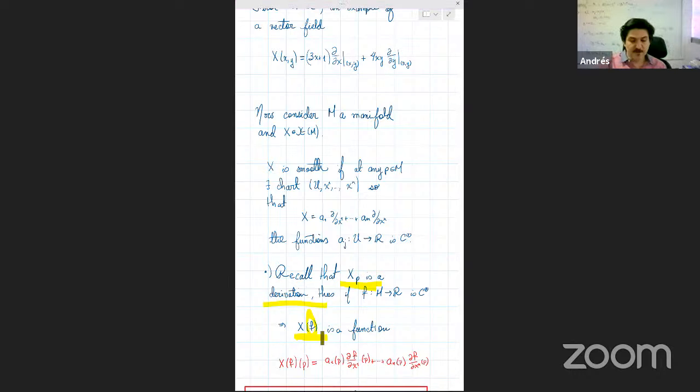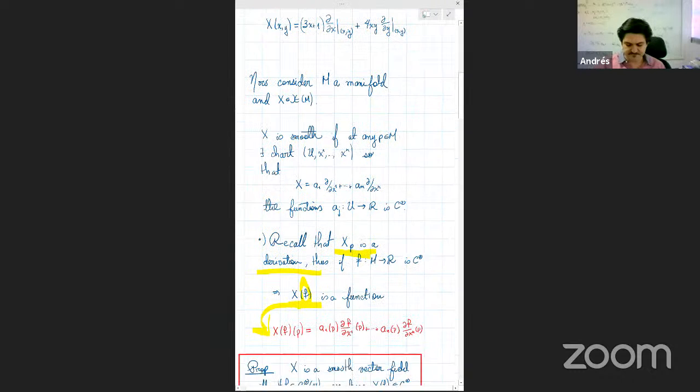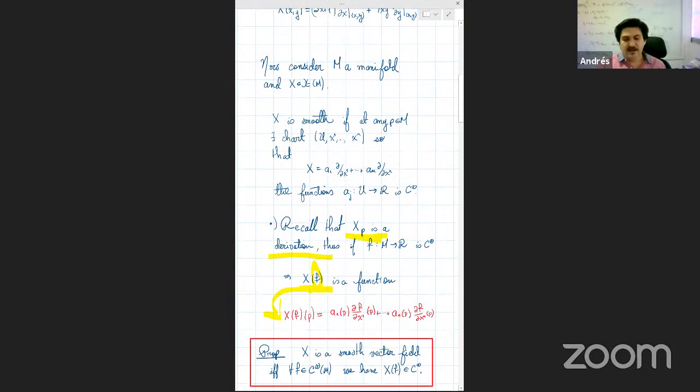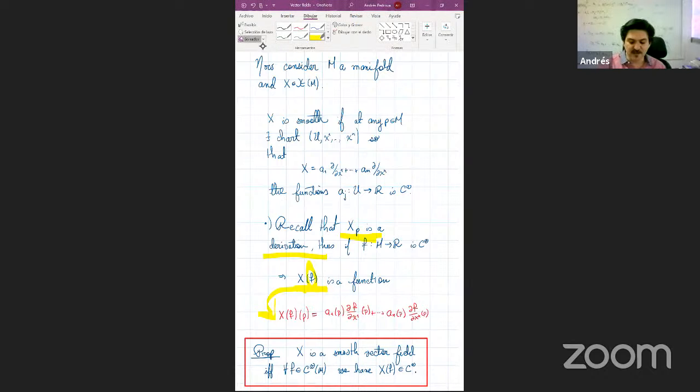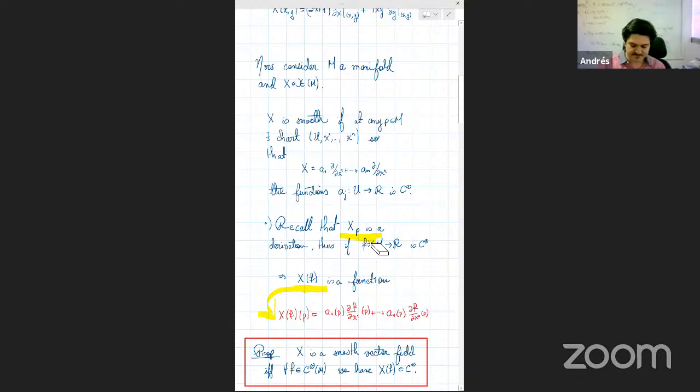So this is something very important. That's the definition here. This is very important because we can have a characterization of a smooth vector field. So a vector field is smooth if and only if this function is also smooth.